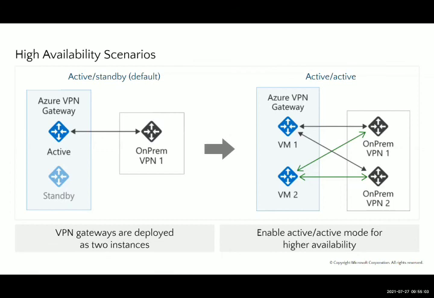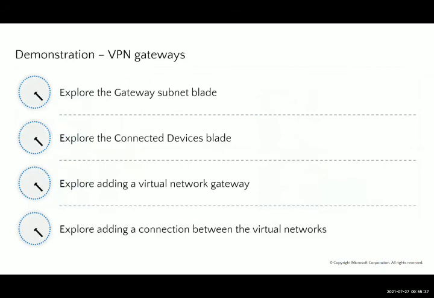One instance works and the other is in passive mode; if something happens to the first, the second becomes active. In active-active, both are active. Mostly we use active-active, because we don't want any delay in connectivity. It's the best option, with at least two virtual instances. You can use that for high availability.